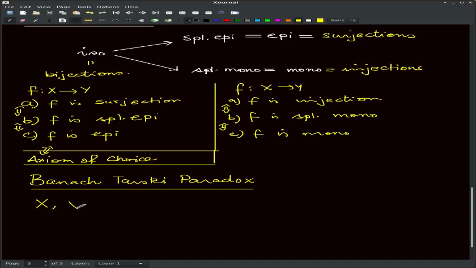But now suppose there are several sets. How do you tell me that you would be able to choose exactly one element from each different set?